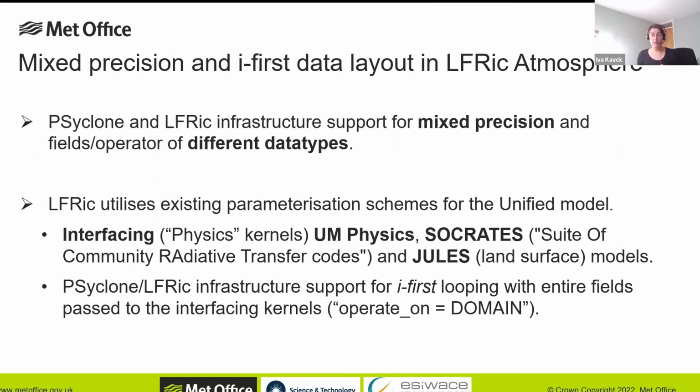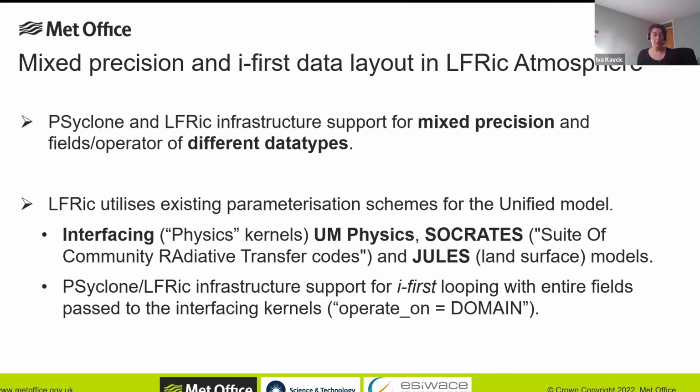So we have these big kernels which interface the physics, the Socrates for the radiative transfer, JULES land surface model, and so on. And they have radically different data layout. As I said, in LFRic, in the Gung-Ho dynamical core, we are operating over columns, and the physics schemes, quite a few of them, are doing the operations over the horizontal.